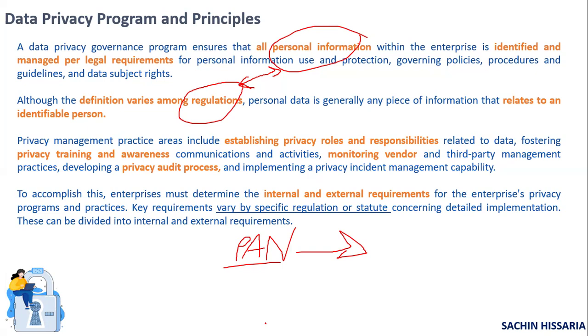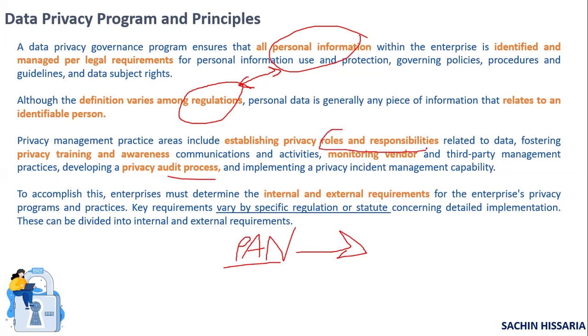Yeah, so a company also needs to ensure that roles and responsibilities related to data privacy training, awareness, communications, monitoring the vendor activities, and developing a privacy audit process, all this needs to be identified and documented.